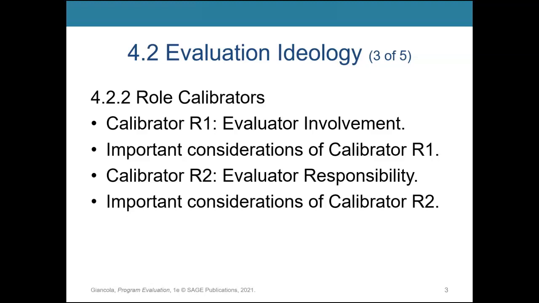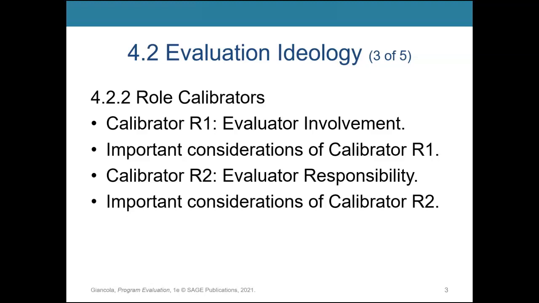To what extent should the evaluator be a full partner with the program staff in determining the direction of the program? So these are the two extremes of evaluator involvement. One is the evaluator is totally hands-off, completely third-party to the program and just observing and evaluating.